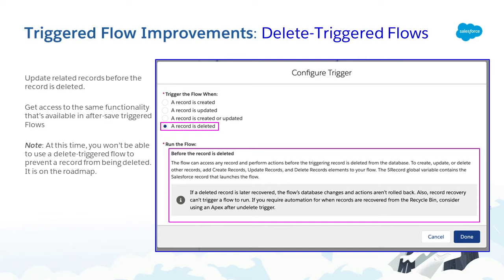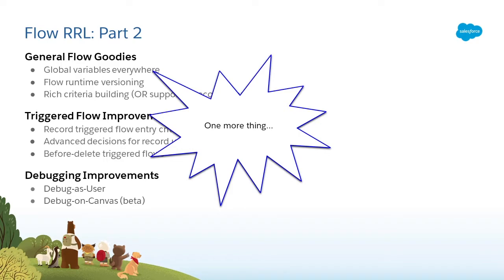Finally, deleting a record moves it to the recycle bin. Some records can be undeleted, that is, moved back out of the recycle bin before they are hard deleted from Salesforce. Although we brought triggered flow support for the before delete record operation, we did not bring support for the after undelete record operation.